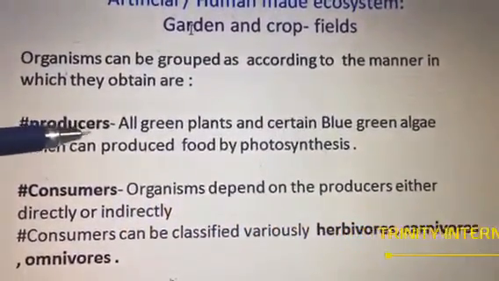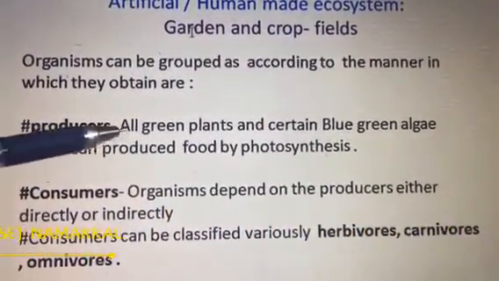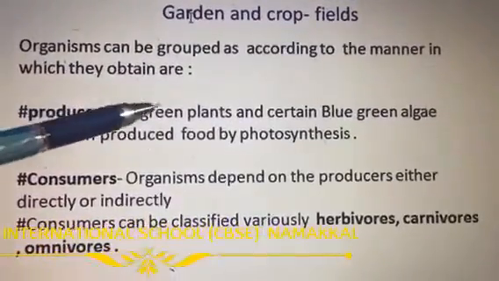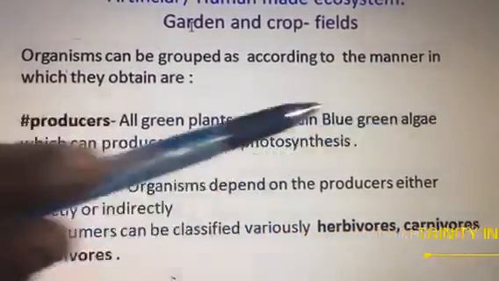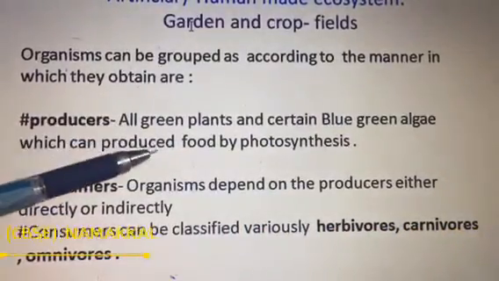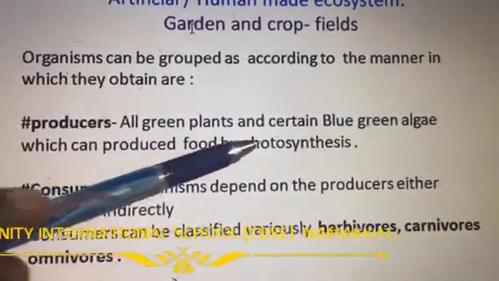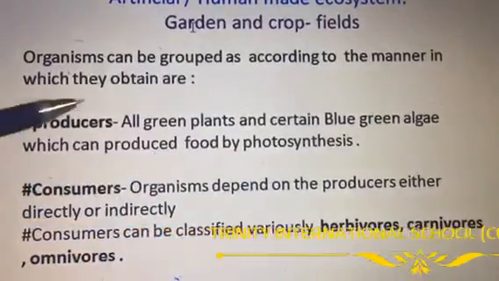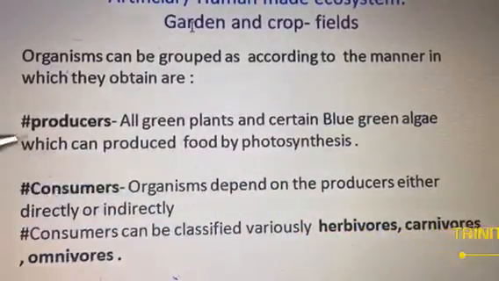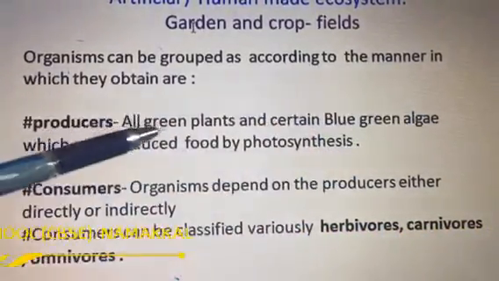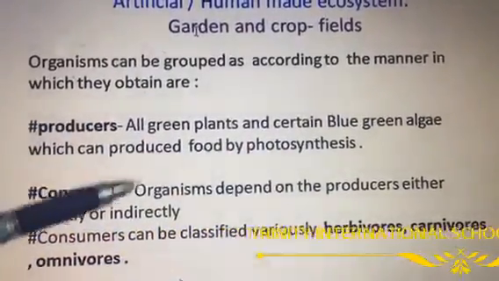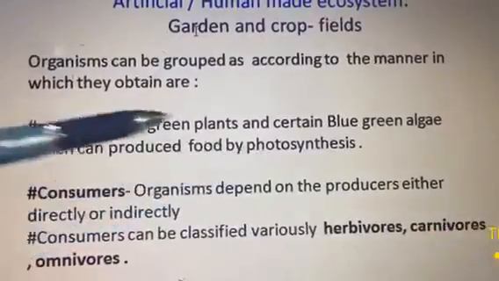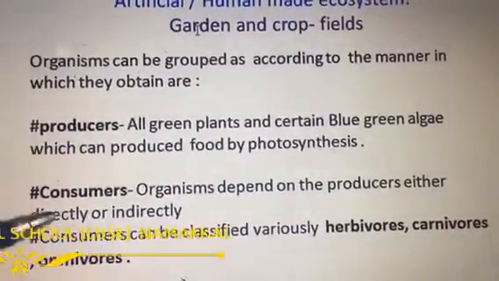The first one is producers. What are producers? All green plants and certain blue-green algae which can produce food by photosynthesis are called producers.